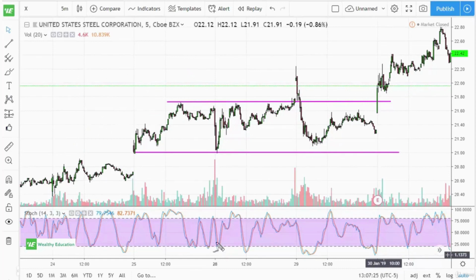So I take the stochastic oscillator, I use that as a signal on with trend trades. I risk a whole unit. So whatever that is, let's just say I risk 1% of my account.